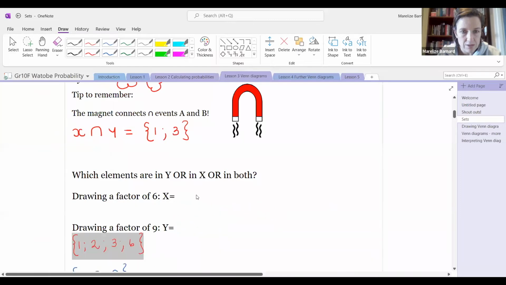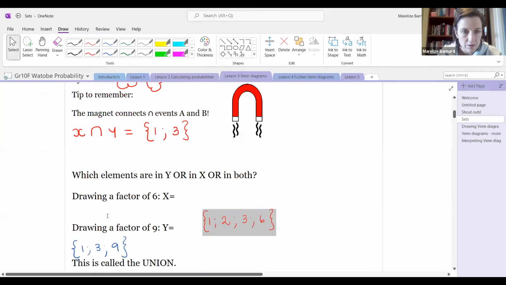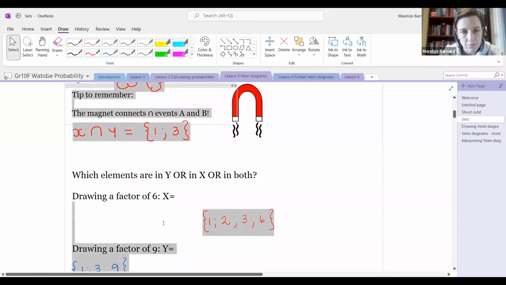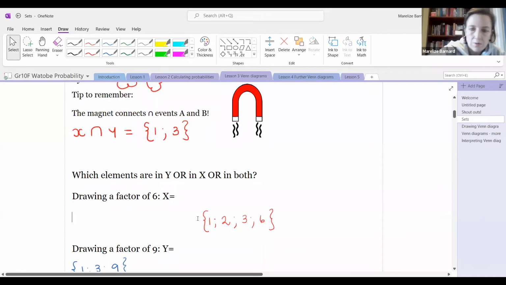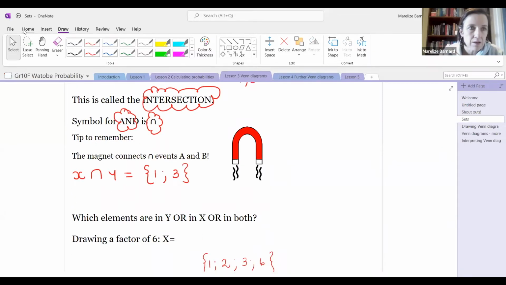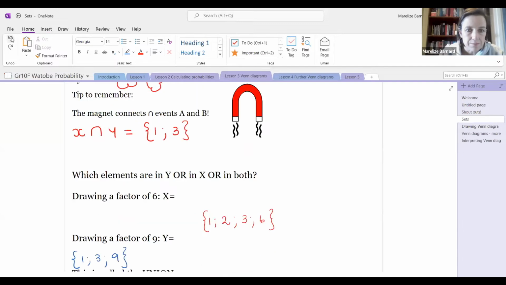For some reason, it doesn't want to put it there. Let's go like this. Nope. Okay, we'll just leave it, I think, and rewrite it.